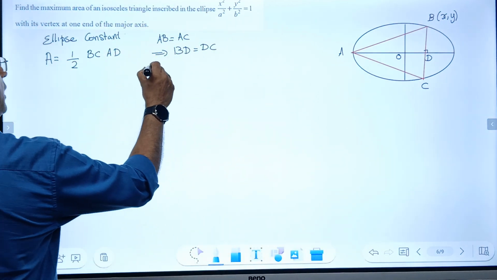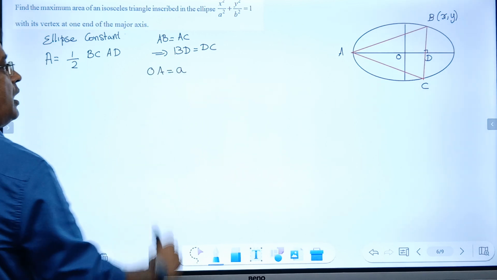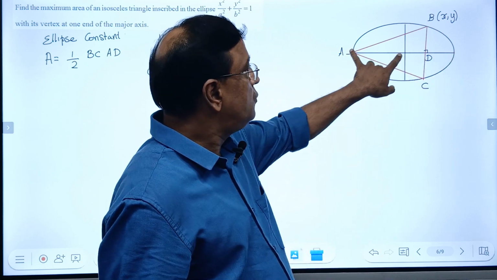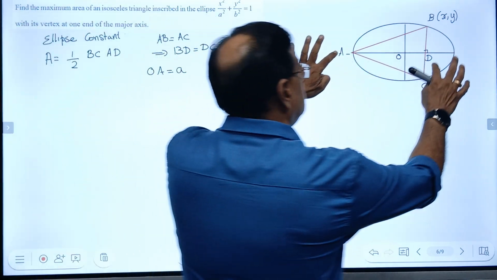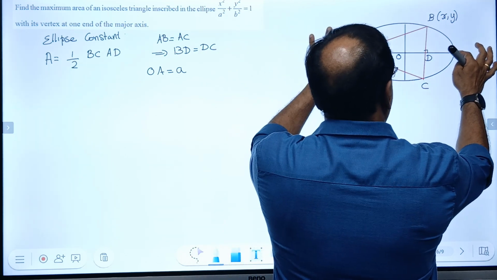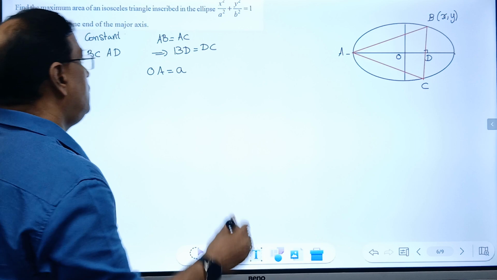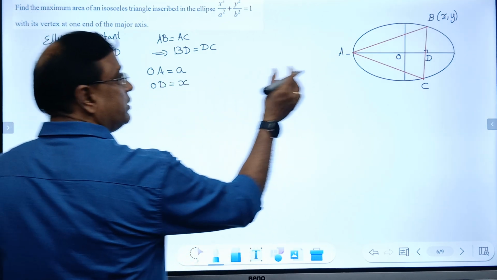Now what is OA? OA is a, half of the major axis. The total major axis is 2a, as we studied in 11th standard. So OA will be a. And what is OD? OD is x, the x coordinate.